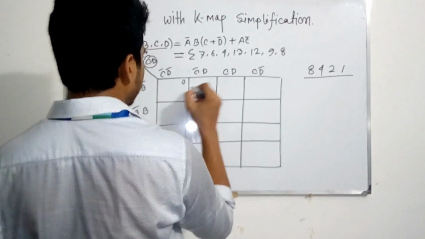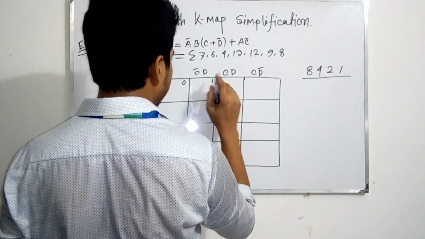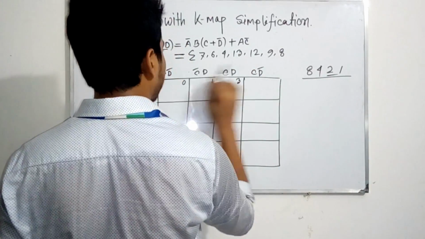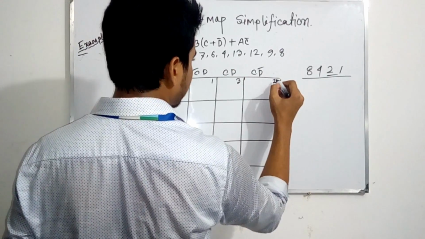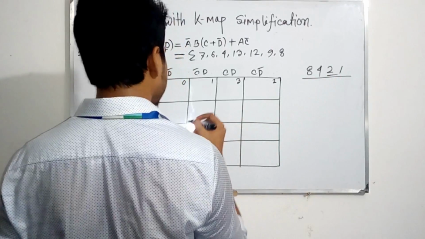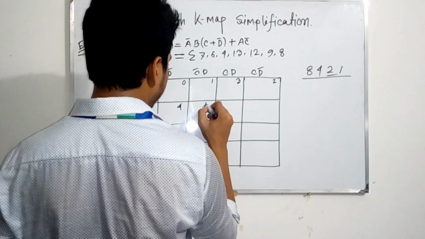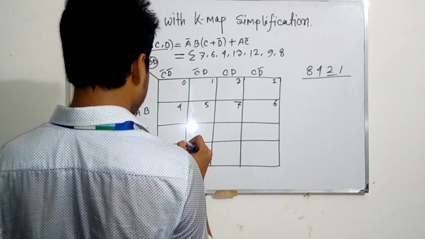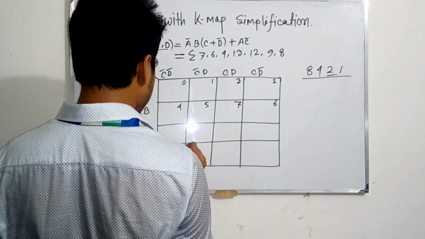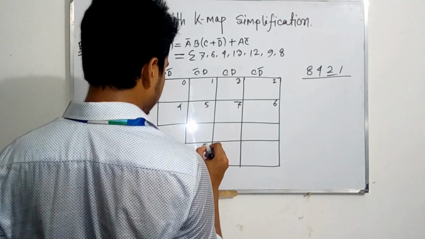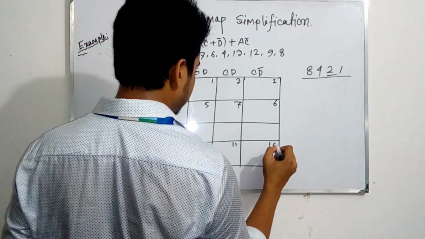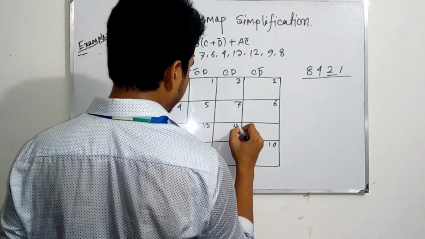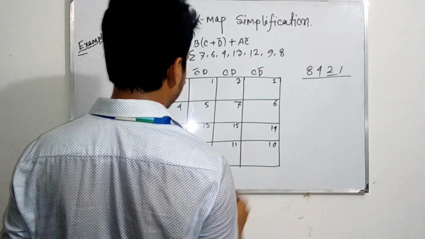So this is 0, this is just D, 1, this is CD, that means 2 plus 1 is 3, this is just C, that means 2. With this process, 4, 5, 7, 6 here, then 8, 9, 11, 10, 12, 13, 15, 14.